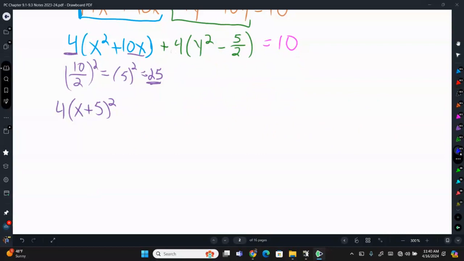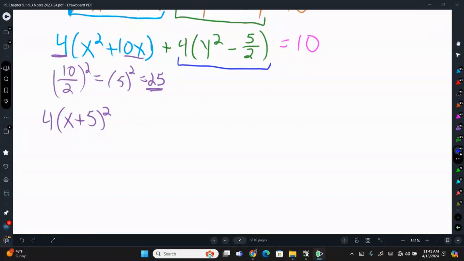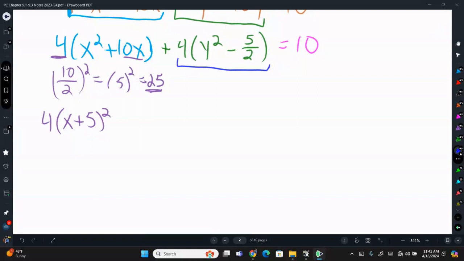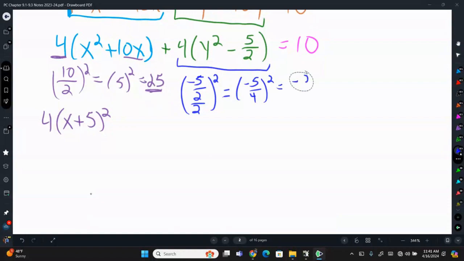So now we complete the square with y. And yeah, that fraction does make it a little bit more difficult. So we're going to take negative 5 over 2 and divide that by 2, which is the same as multiplying by 1/2. So it's going to be negative 5 over 4 squared, which becomes positive 25 over 16 because we're squaring a negative.